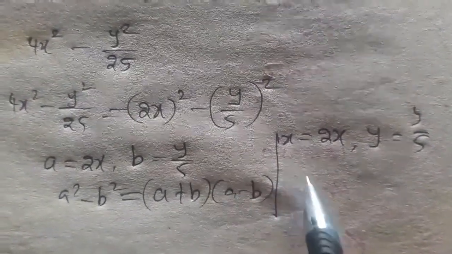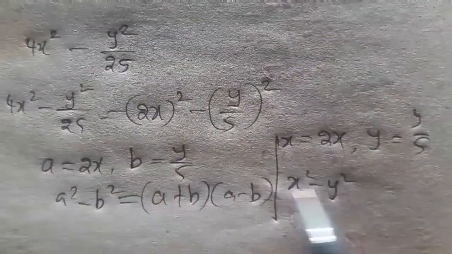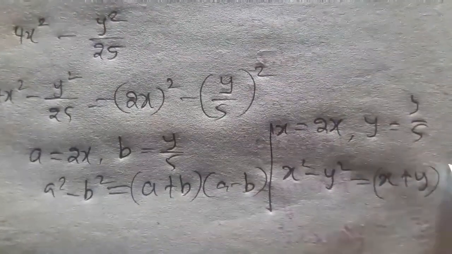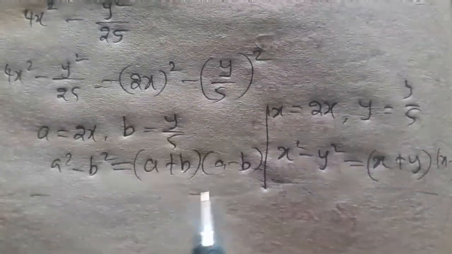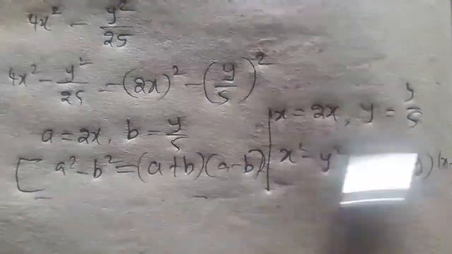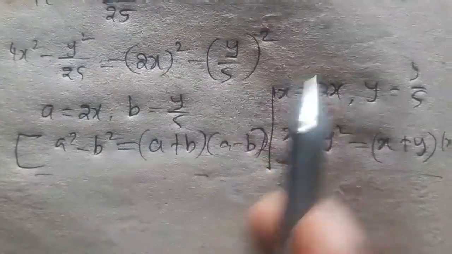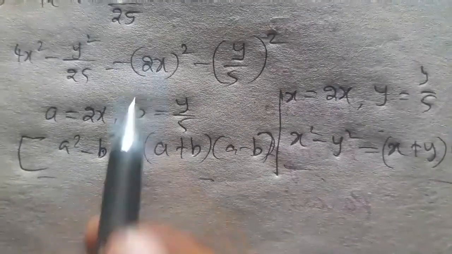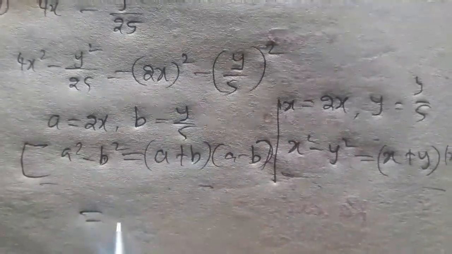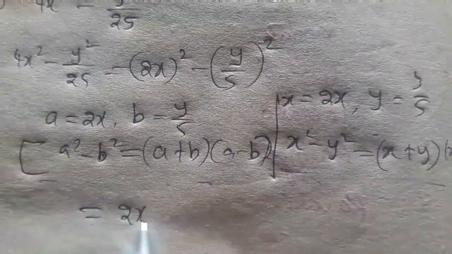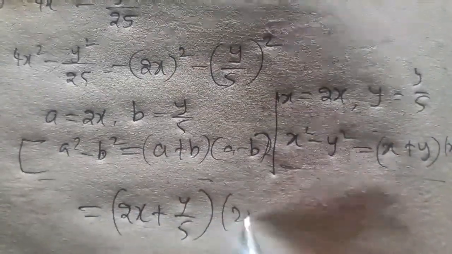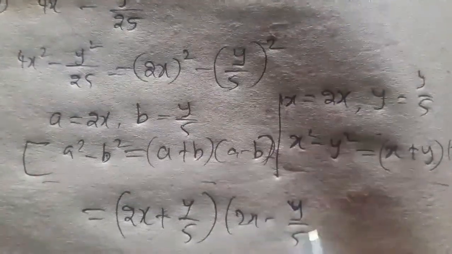This is also same. This means x square minus y square form. This can be written as x plus y into x minus y, identity is useful here. Both are same but assumption is different, isn't it? So now you can take this or this, anything. So this can be written as 2x plus y by 5 and 2x minus y by 5.